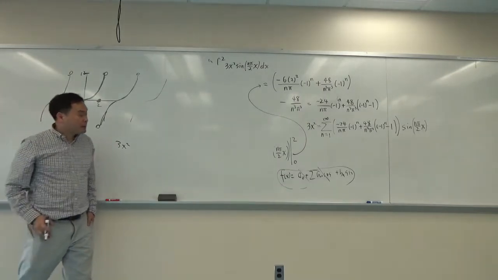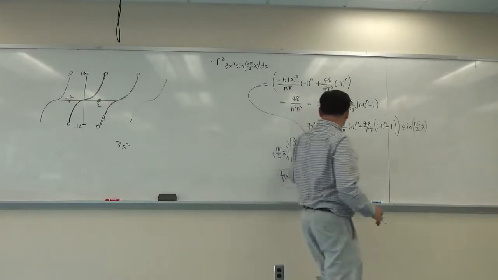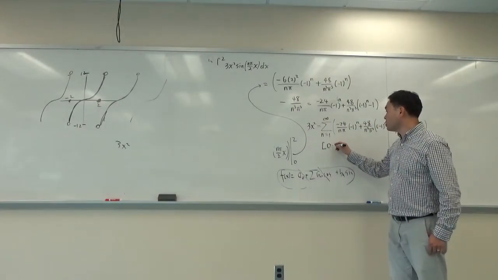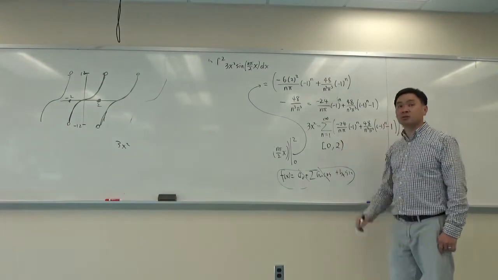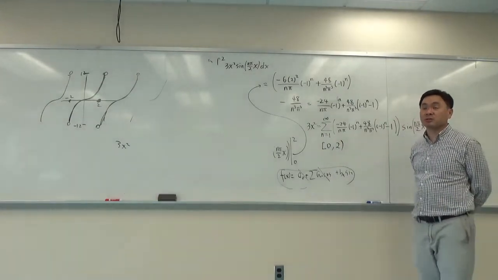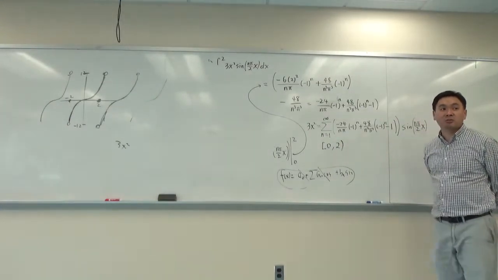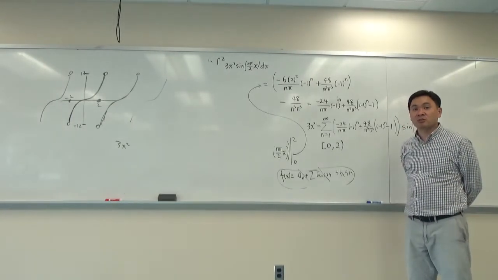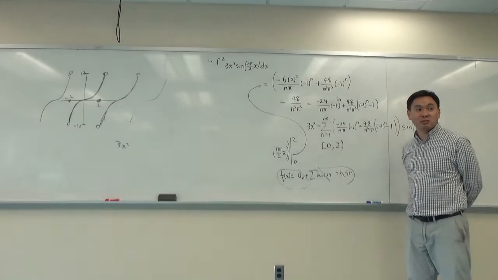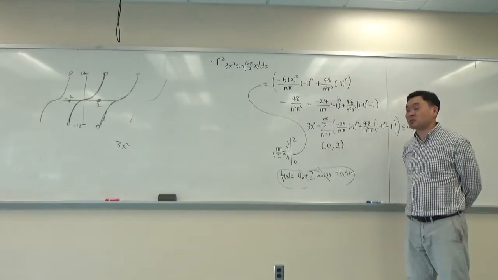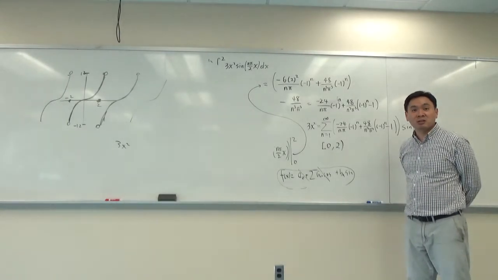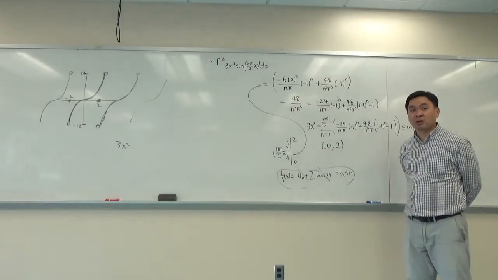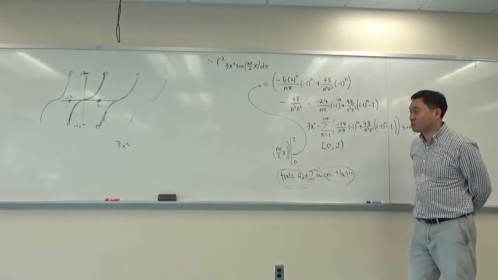So the answer is that these two sides agree from 0 until 2, and 2 is not included. Because of that theorem that says that a Fourier series converges at every continuous point, but anytime that you see a jump discontinuity, it's going to converge to half the jump, the midpoint of the jump.